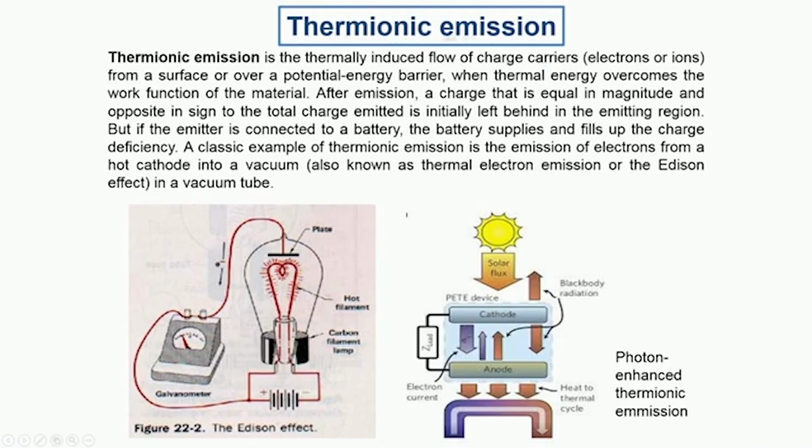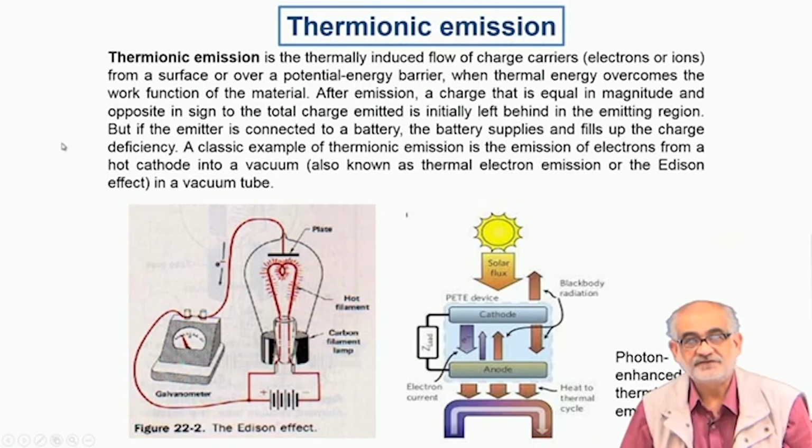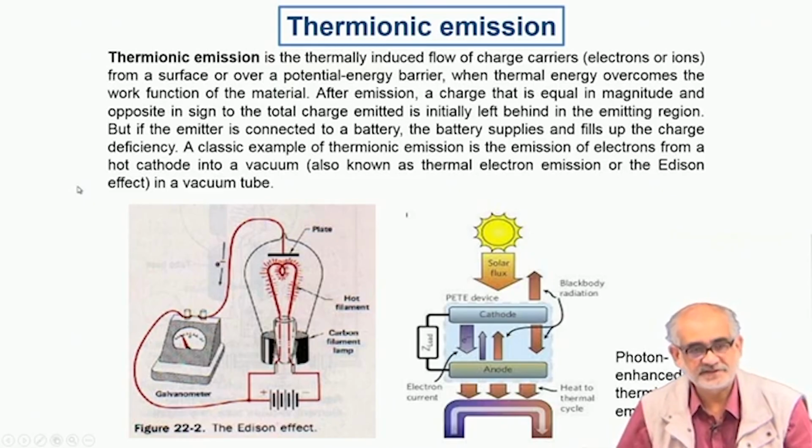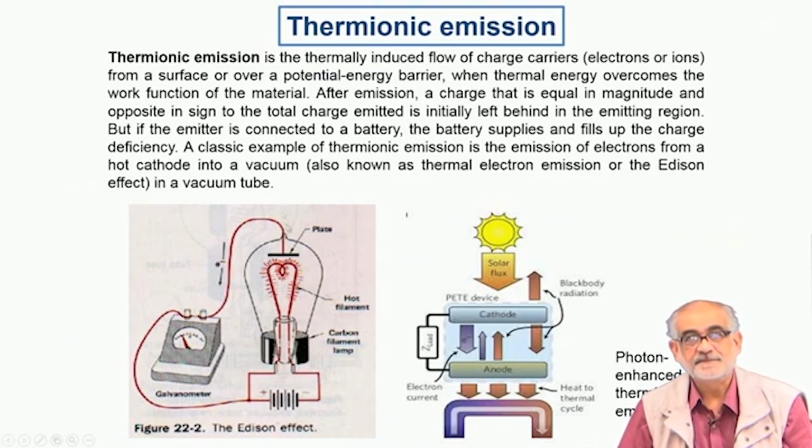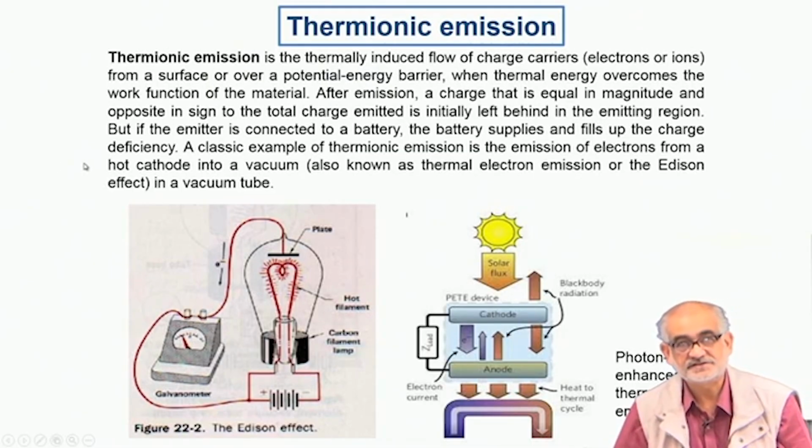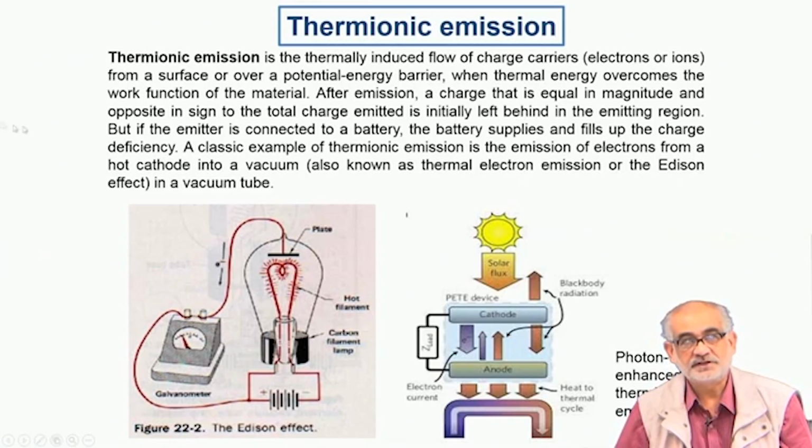Over here, when we talk of thermionic emission, we are talking about a situation where we apply a very high potential difference and current, as a result of which certain elements, for example tungsten, or a compound called lanthanum hexaboride, LaB6, can emit a very high density of electrons from the surface. And these electrons have their own utility. We make use of them in, so this is a cathode ray gun, and there are multiple other applications.